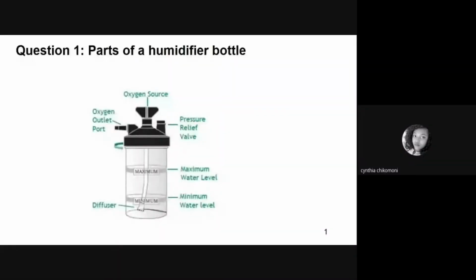Thank you, Mwawi. When providing oxygen therapy to patients, humidifier bottles are used to humidify the air, enhance moisture, and reduce the dryness of supplemented oxygen. The air produced by oxygen concentrators is dry, and prolonged exposure can lead to sore throats and sometimes nosebleeds.